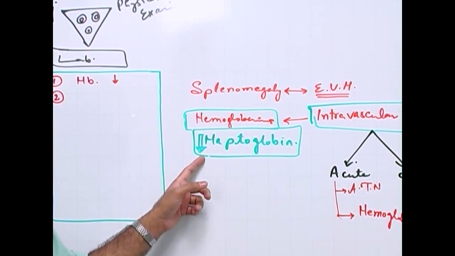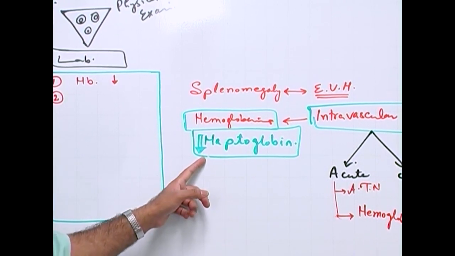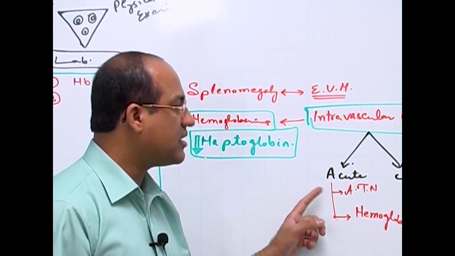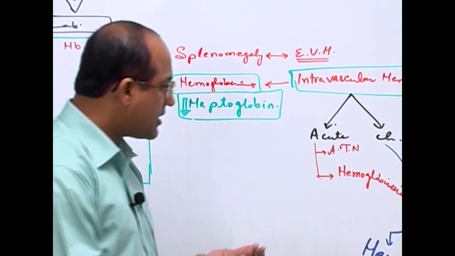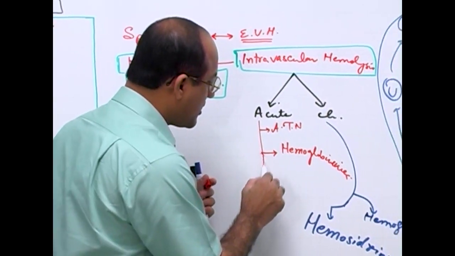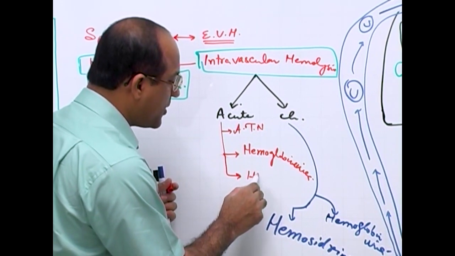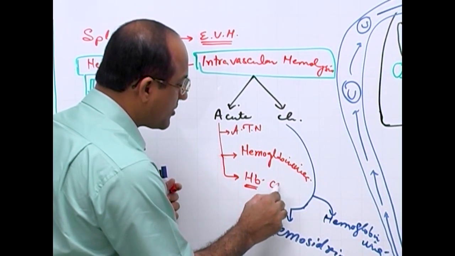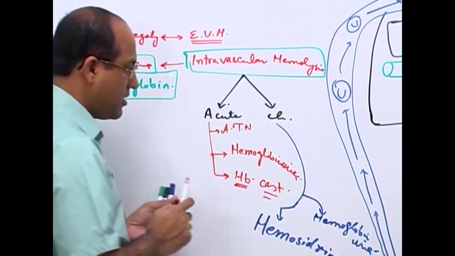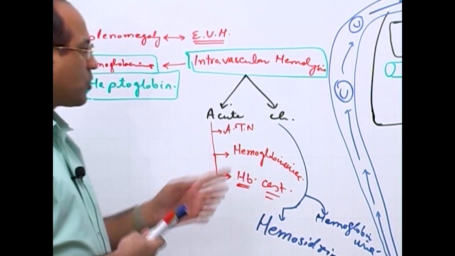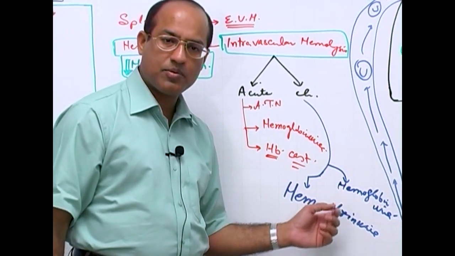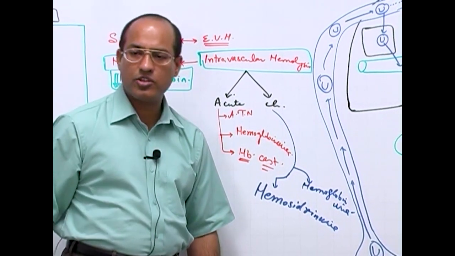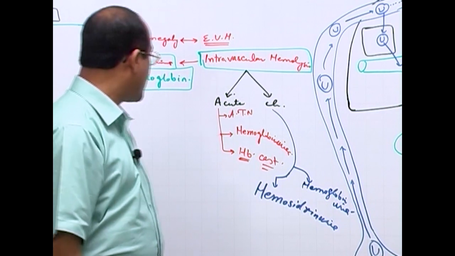Number two, the haptoglobin level will go down. Along with that, if it is an acute case, there may be features of acute tubular necrosis and hemoglobinuria, even hemoglobin casts. But if this is chronic intravascular hemolysis, the patient may develop not only hemoglobinuria but hemosiderinuria as well.